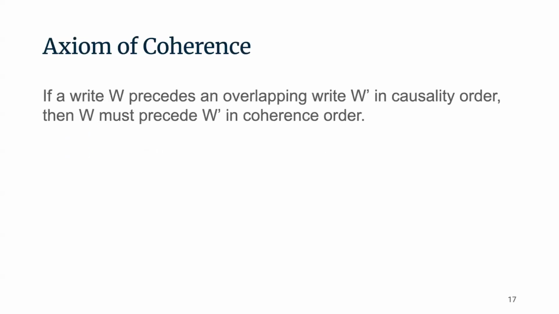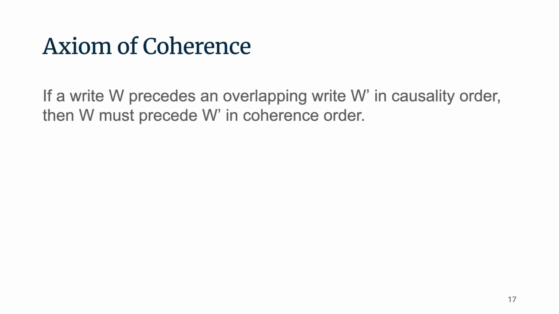Axiom of coherence. This is the first axiom, so the PTX consistency model is a bunch of different axioms that disallow some orderings. If a write W precedes an overlapping write W prime in causality order, the causality order was talking about synchronization, so if you synchronize something, then W must precede W prime in coherence order.